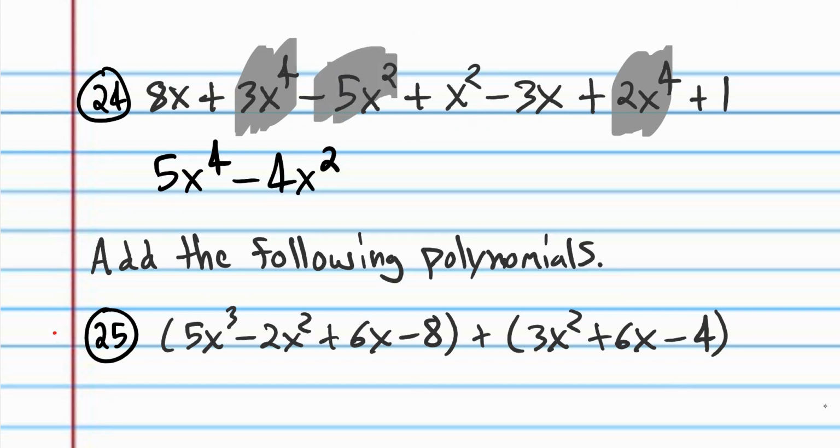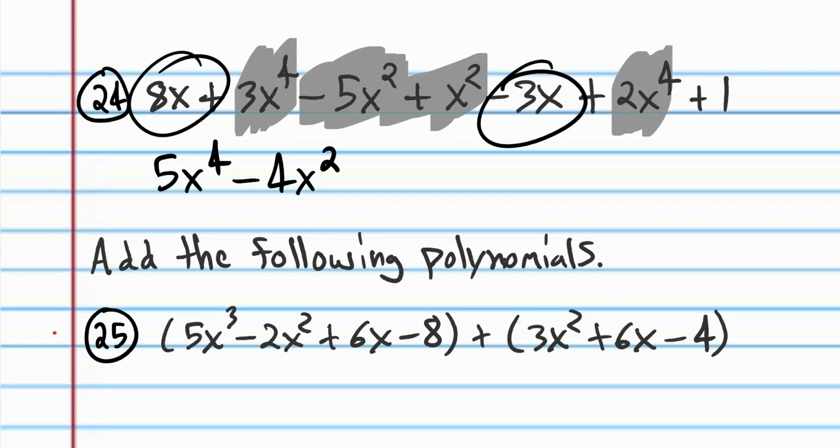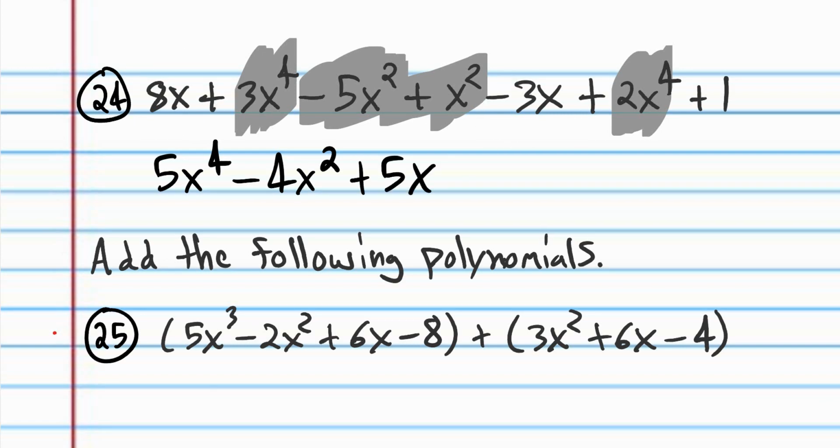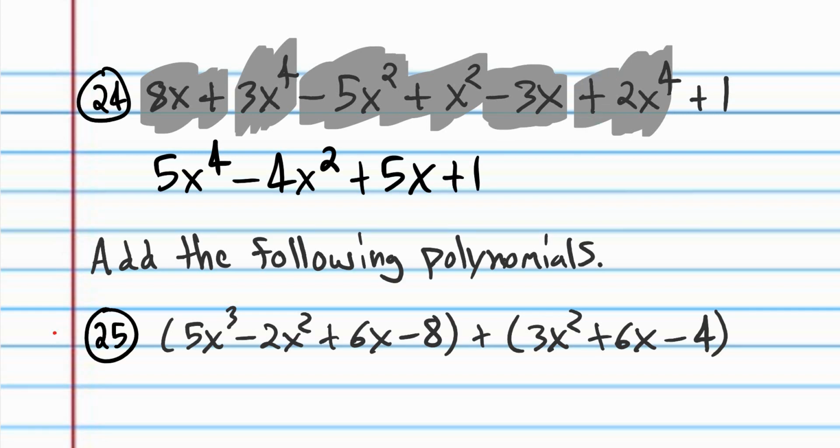So we can shade those. And 8x minus 3x is 5x. So we can shade those. And then we have that 1 at the right.